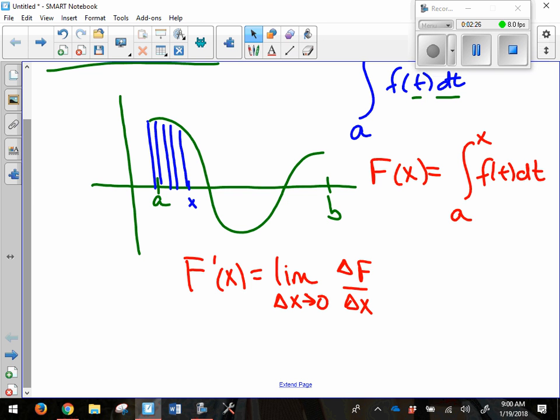The slope of the tangent at a point. The slope would be delta F over delta x because that's how we write slopes. And we turn that into a function for the derivative when we take that delta x to be really, really small.